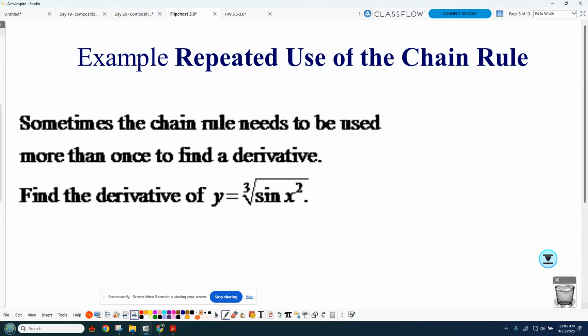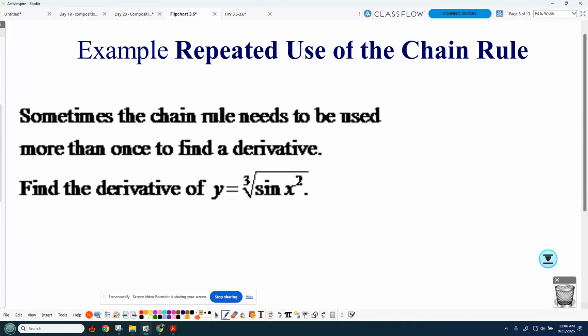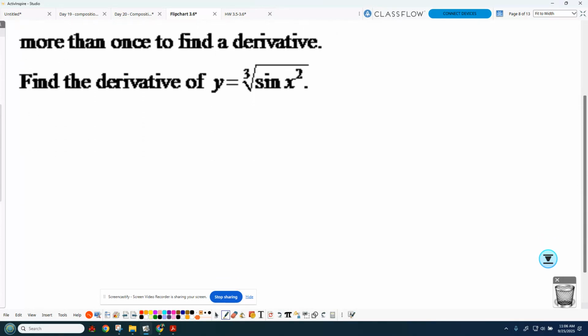How many functions are here? 3? People are agreeing 3? 2? Jeremy, what would the first one be that you're saying? The cube root.